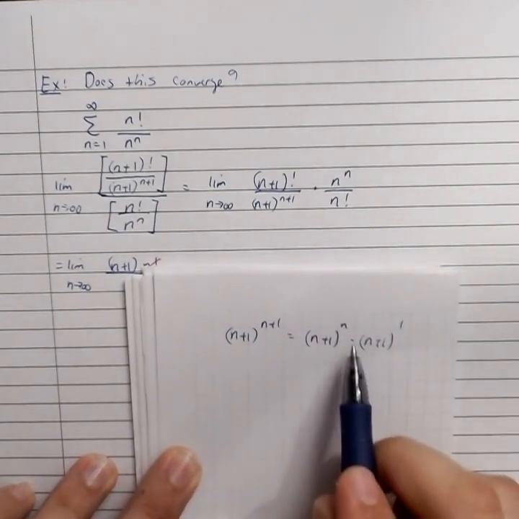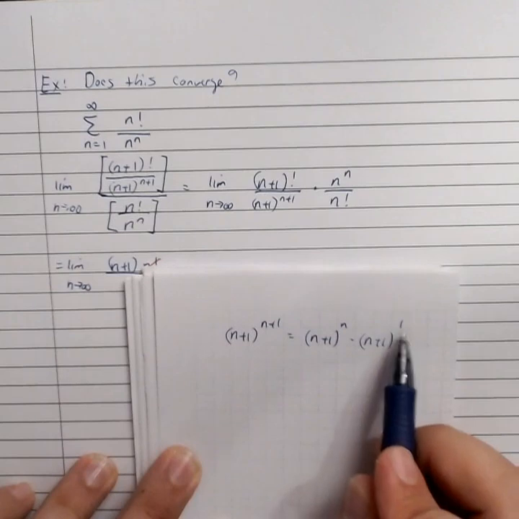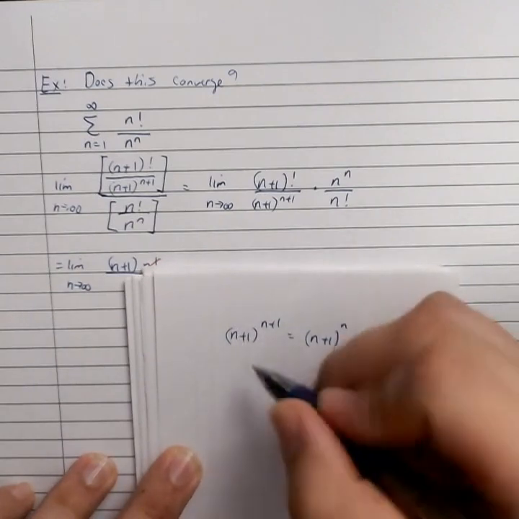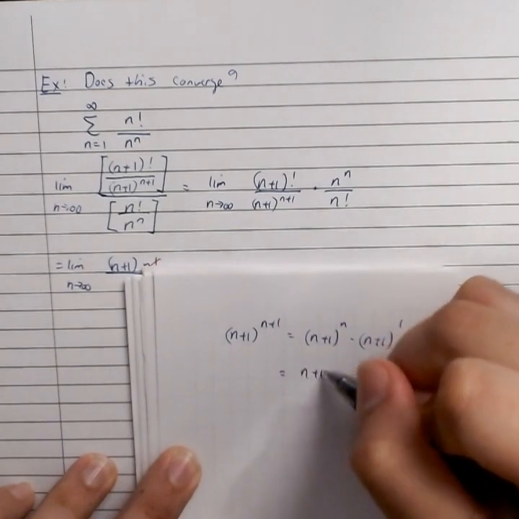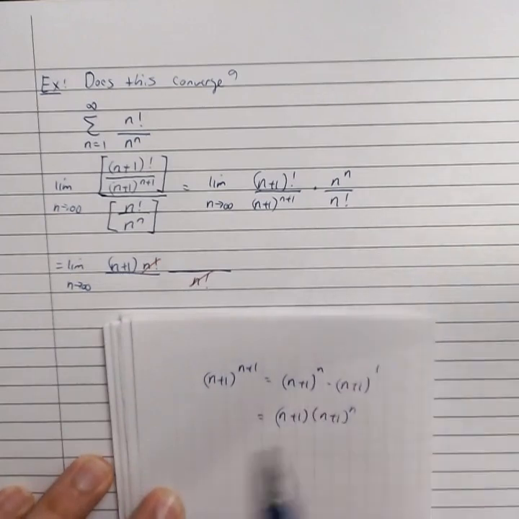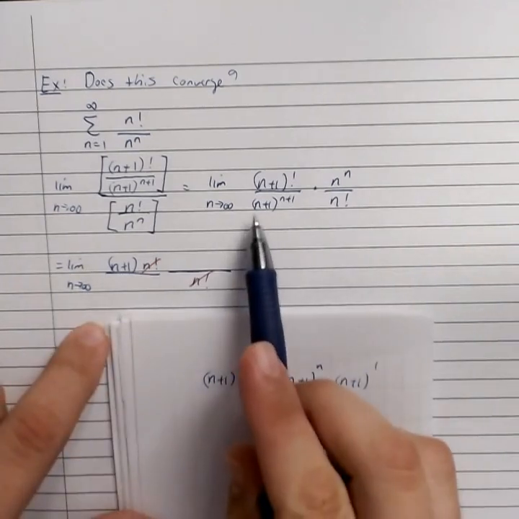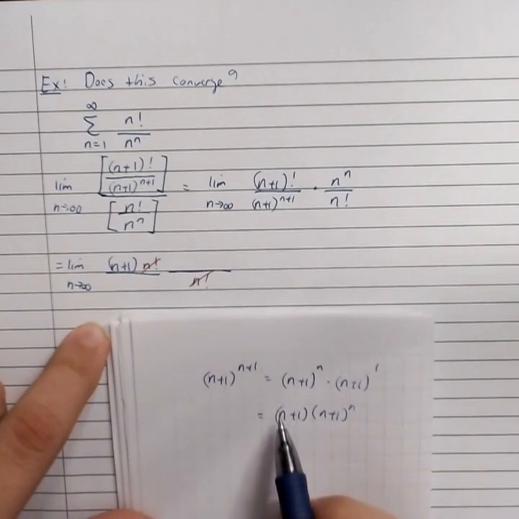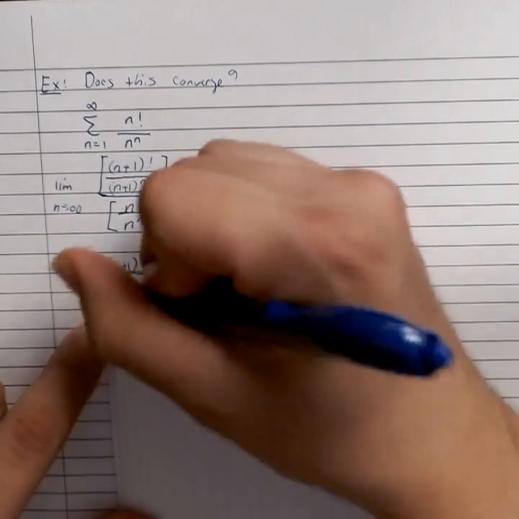I'm multiplying two things that have the same base, so I can add their powers. Oh, but n plus 1 to the power 1 is just n plus 1. So I can write this as n plus 1 times n plus 1 to the power n. Oh, but that's this denominator right here, n plus 1 to the n plus 1. Well, that can be replaced by n plus 1 times n plus 1 to the n.